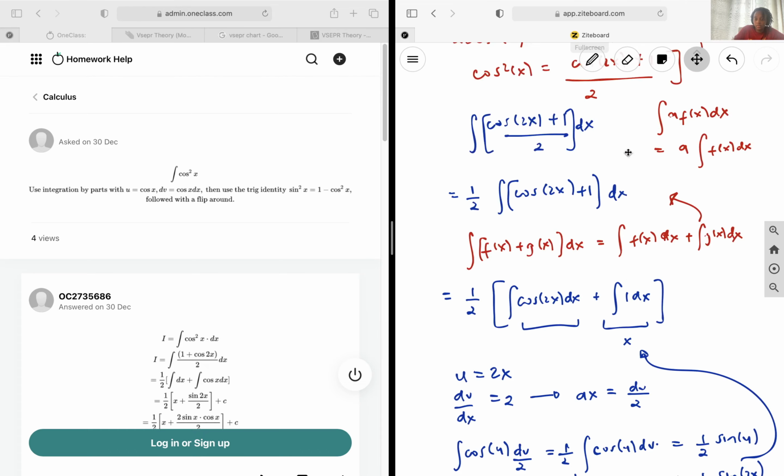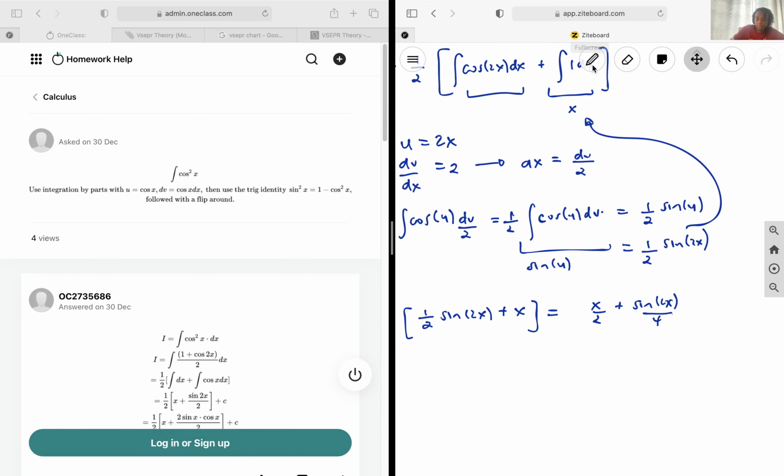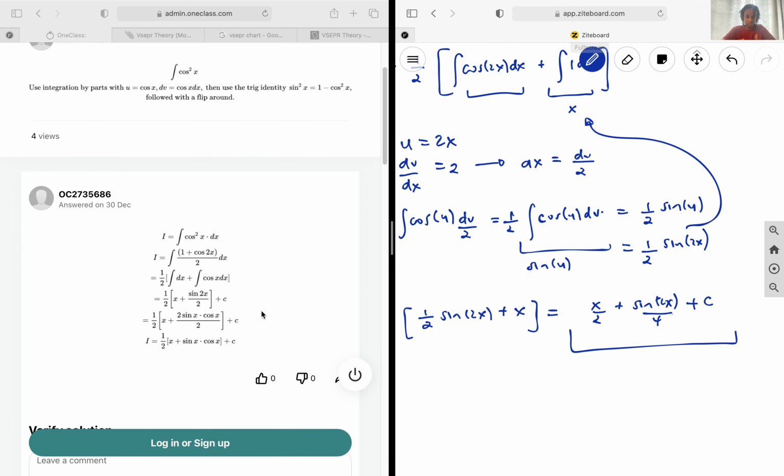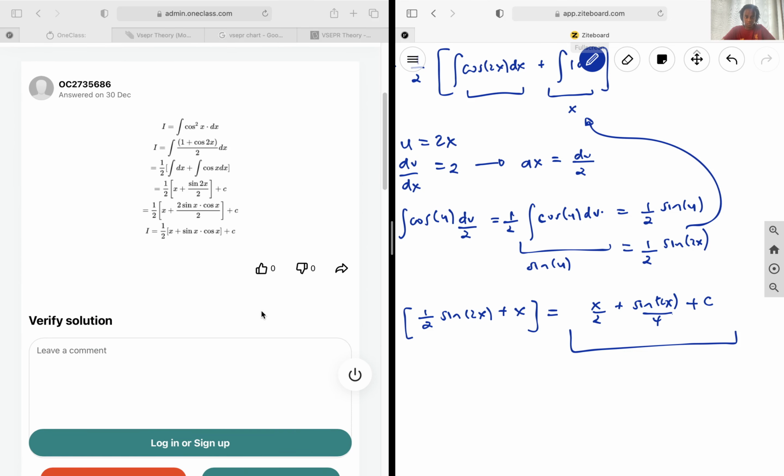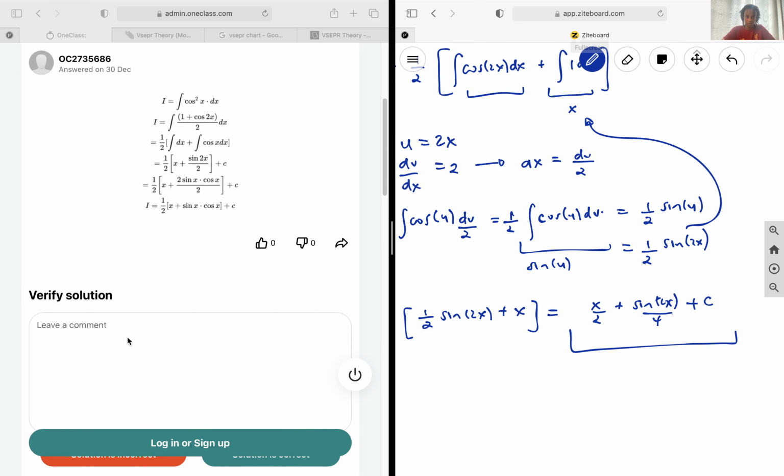And so we're going to have to add the plus c at the end, of course. And so we get plus c. And that will be our final answer. Additionally, you can further simplify this using the double angle formula to this form, but either forms would be acceptable.